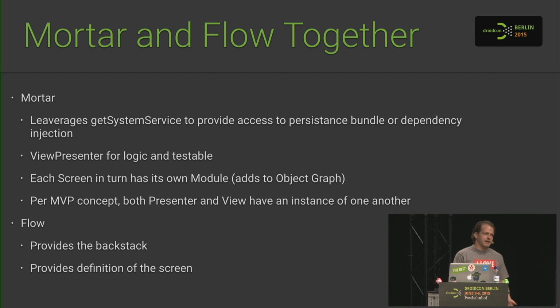The view presenters are now easily testable. Your logic is nicely separated. As far as the object graph, each particular screen extends it, so over time it builds up, but also as you navigate out of screens, those get torn down. So you're really keeping your object graph very thin.